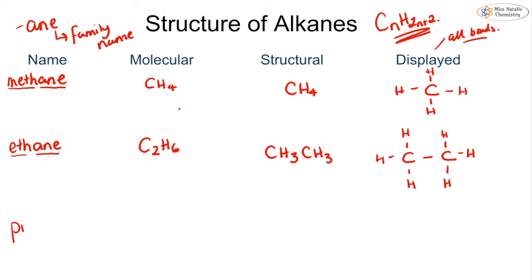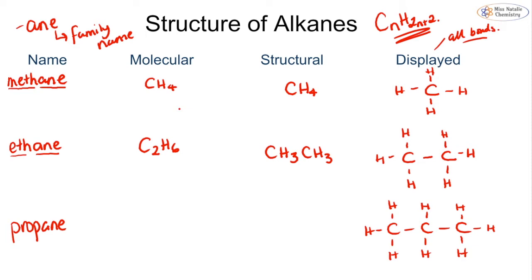The third one is propane, prop meaning 3. So I have my 3 carbons in a row, all single bonds and surrounded all by hydrogens, making sure that every single carbon has 4 bonds.